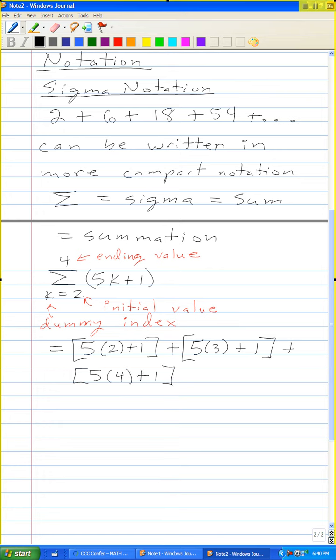Okay? And so let me actually do some examples. On page 664, let me do problem number 2.